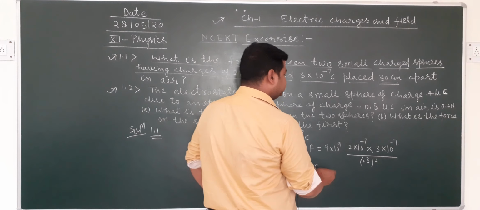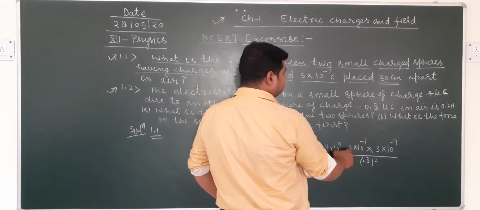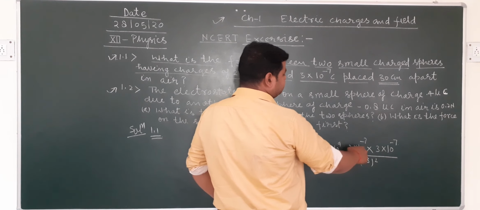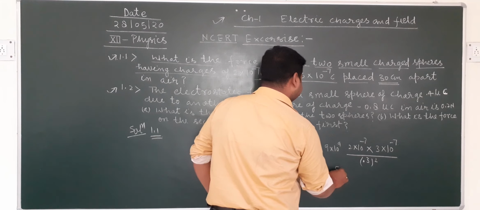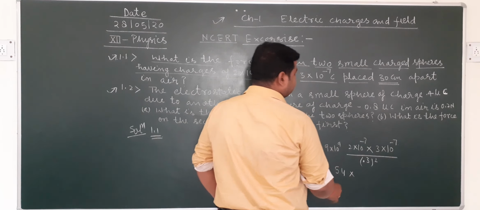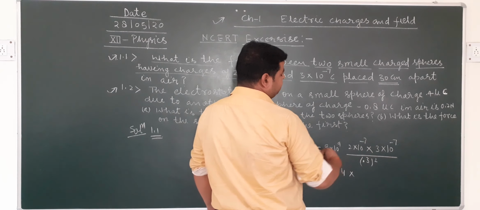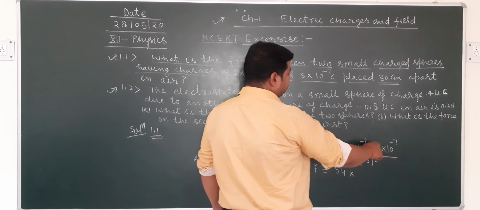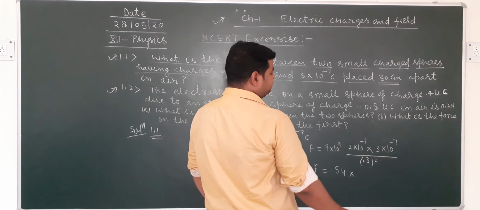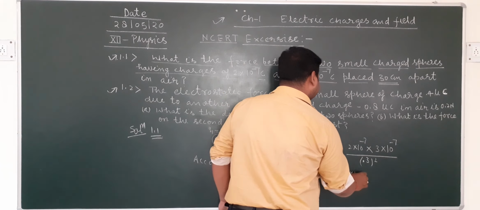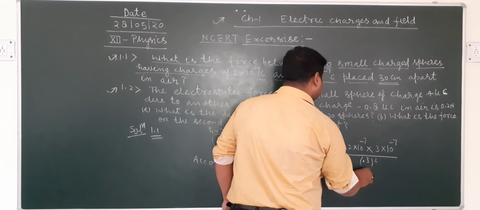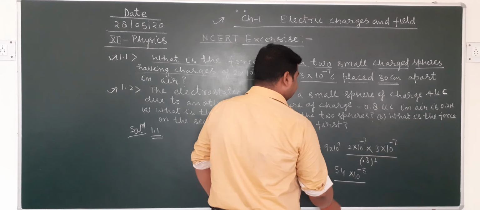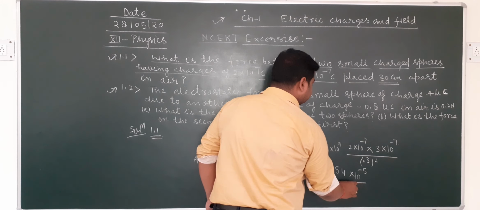After calculation, 9 twos are 18, 18 threes are 54. So here we write 54 multiplied by, and we calculate the powers of 10: 9, 7, 7, that is 14, minus 14 plus 9, that is minus 5. 10 raised to power minus 5, divided by 0.09.